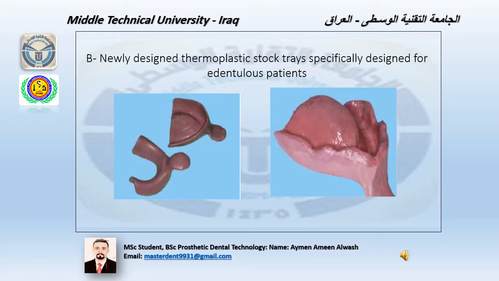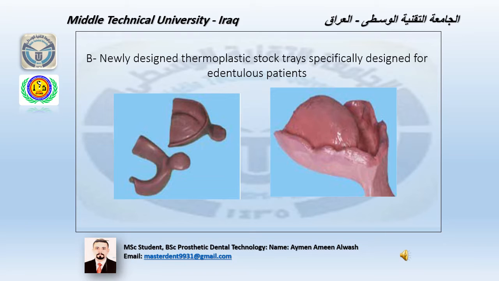B, a newly designed thermoplastic stock tray specifically designed for dental patients. This type of technique is a thermoplastic stock tray. It can be softened if we put it in a water bath for 1 minute at 80 centigrade.